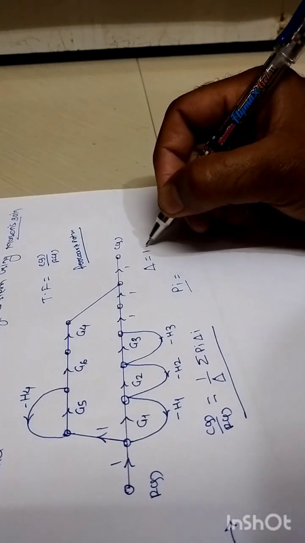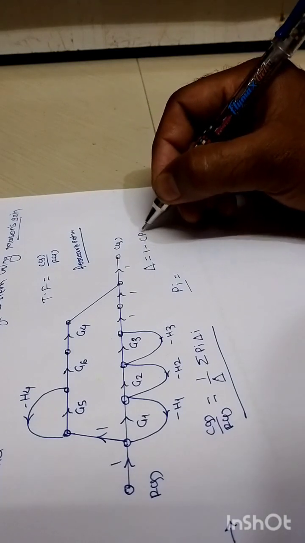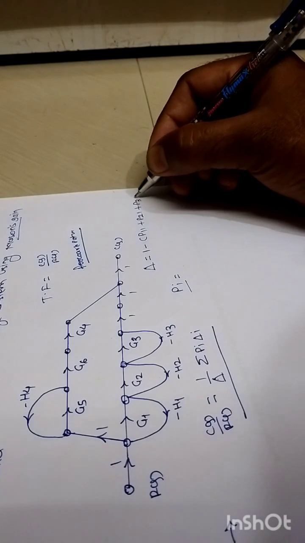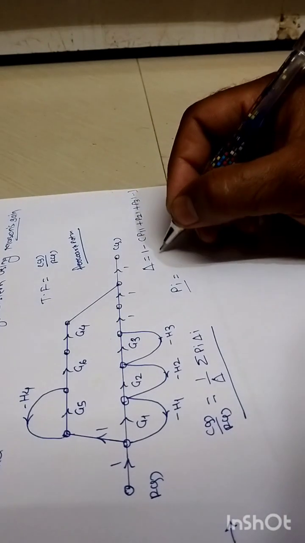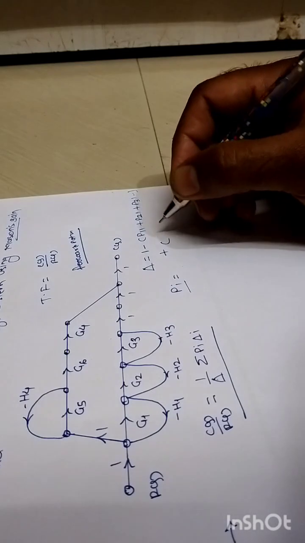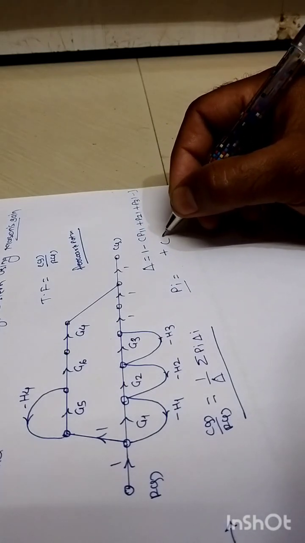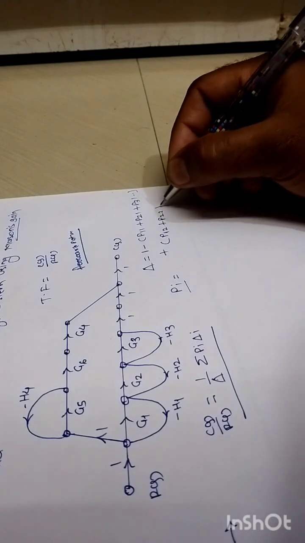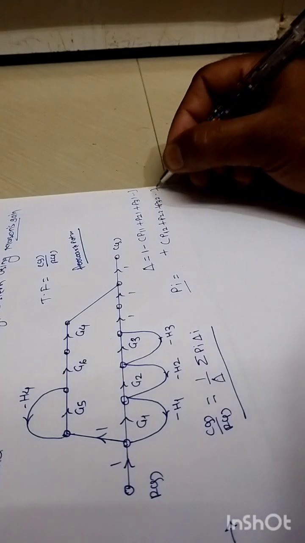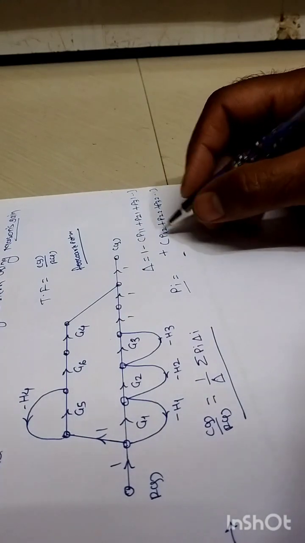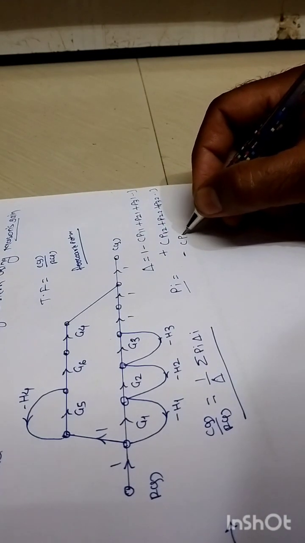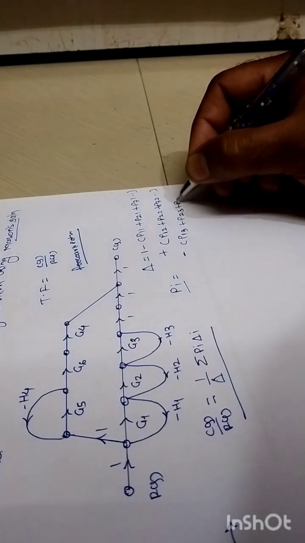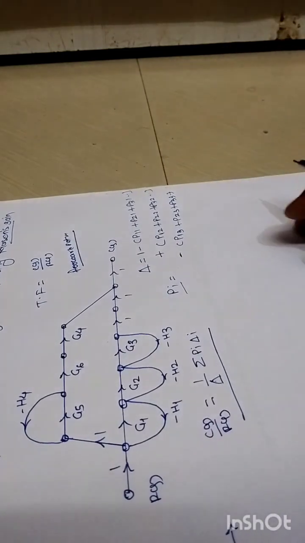Delta equals 1 minus (P11 plus P21 plus P31 and so on) plus (within the second parenthesis, P12 plus P22 plus P32 and so on) minus (the third term, P13 plus P23 plus P33 and so on).